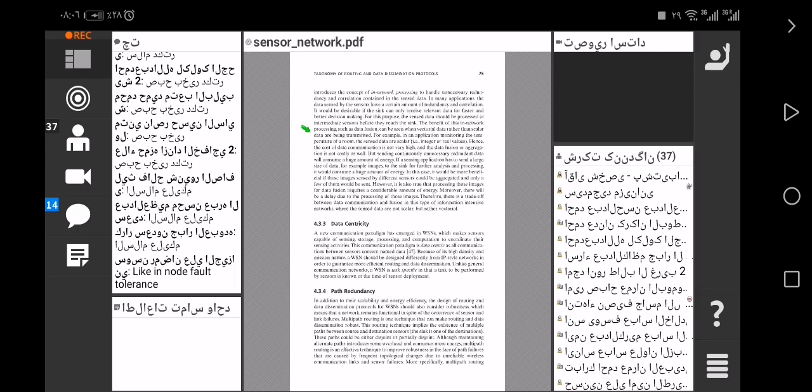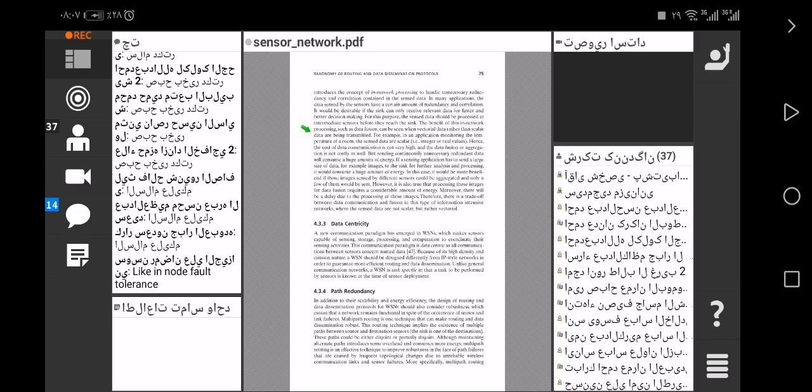Another category is path redundancy. Sometimes we make just one route from the source to destination and maintain just one route, but in some applications we have a main route and maybe one or more alternative routes. Of course, maintaining these alternative routes consumes more energy, but it brings us high reliability.